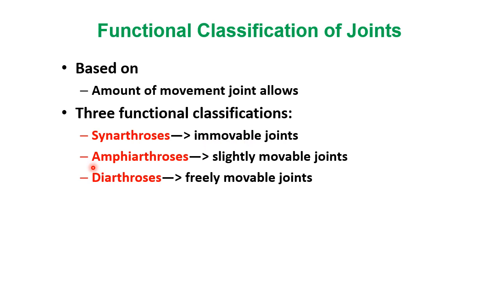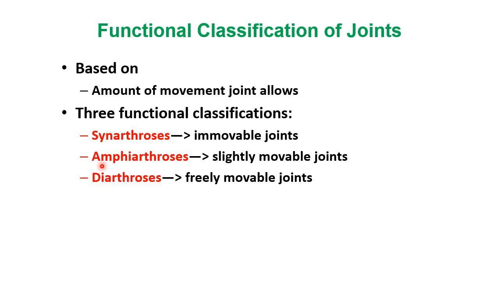And then you have the amphiarthrosis. So what is something that is amphi something? Like amphibian? It's not totally one way or another, right? So this one is moving a little bit, more than the synarthrosis, because synarthrosis doesn't move at all, right? But it is not meant for motion.